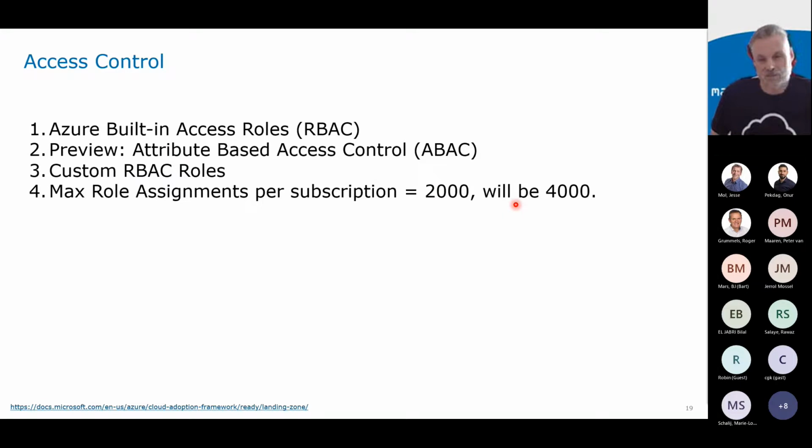But Microsoft, as of November, I think, or December, is increasing that to 4,000. So that gives more slack, but still, if you reach the limit, maybe you will also reach 4,000, but 4,000 is pretty high. So that's something to keep in mind.